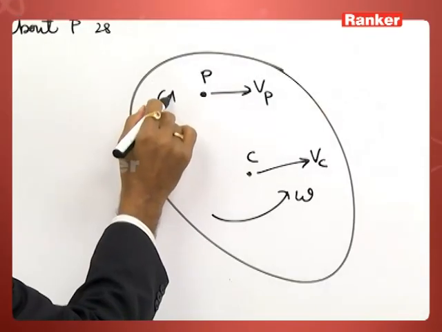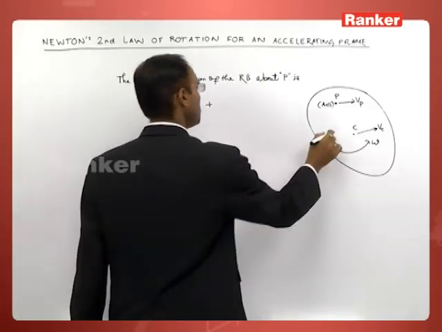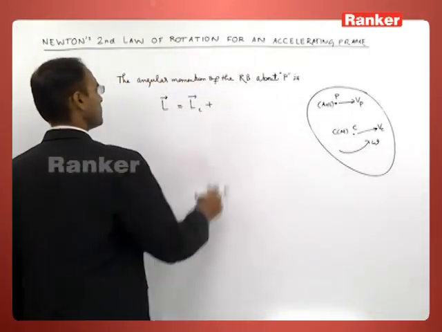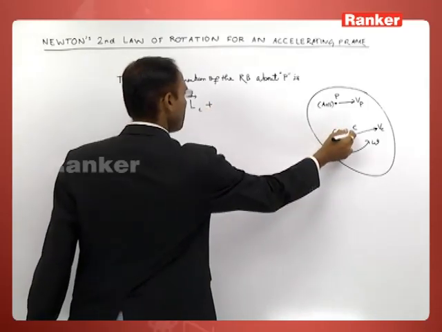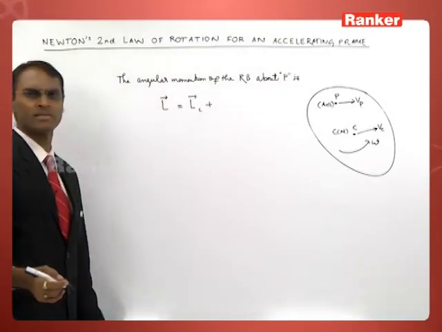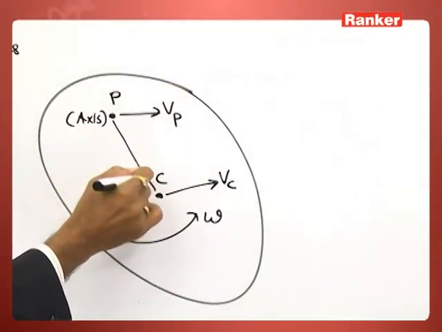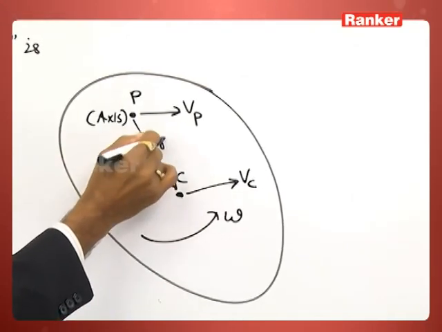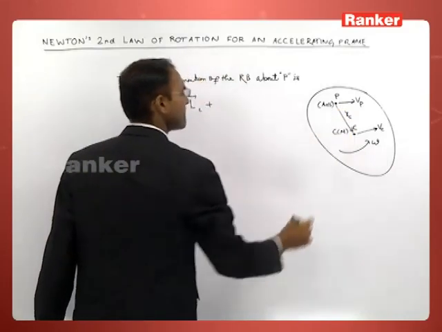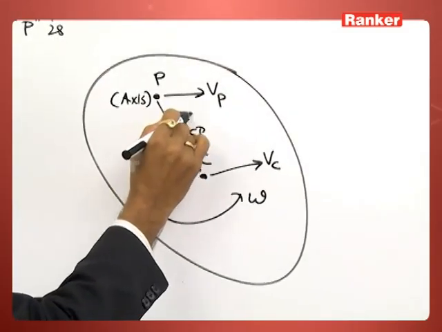This is the axis. This is the center of mass. Angular momentum of the center of mass with respect to the given axis, that is RCP.